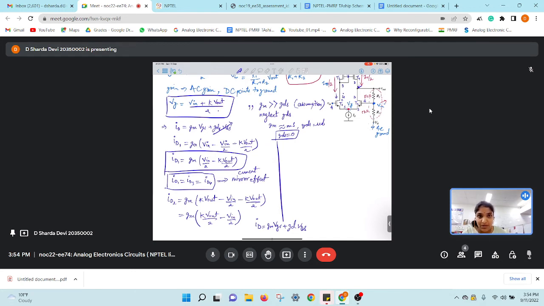Is it understandable why I am saying this? Yes, because when you see the small signal model for an NMOS, this is how your model looks, right? Draw it clearly.